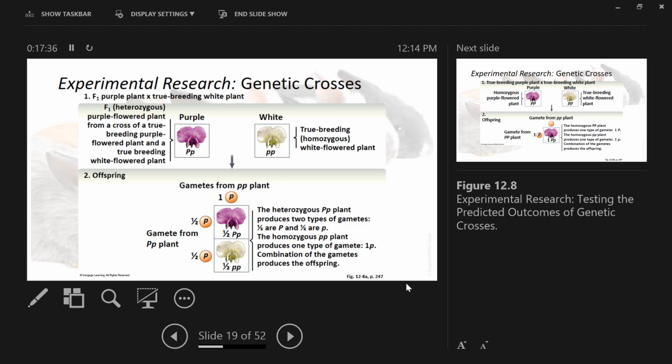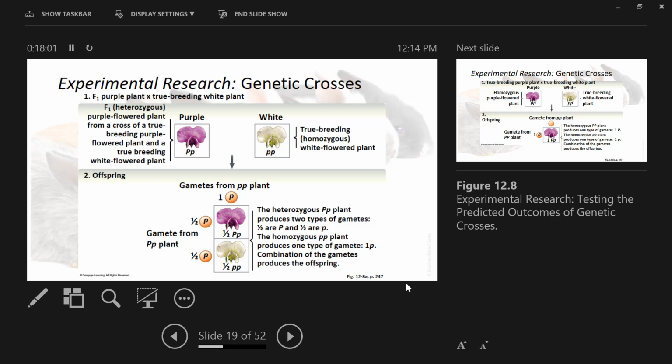Here it's demonstrating a cross in which this individual is heterozygous. We didn't know that going in. If it's heterozygous, half of the offspring produced should have the dominant character because they picked up the dominant allele from that monohybrid parent's gamete, and half should have the recessive phenotype because they picked up the recessive allele.